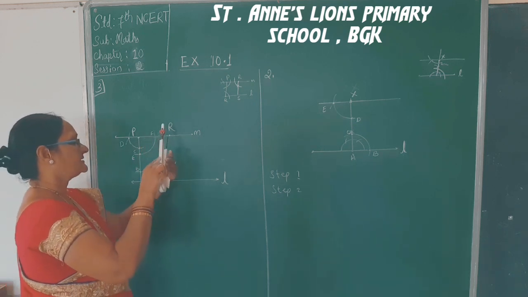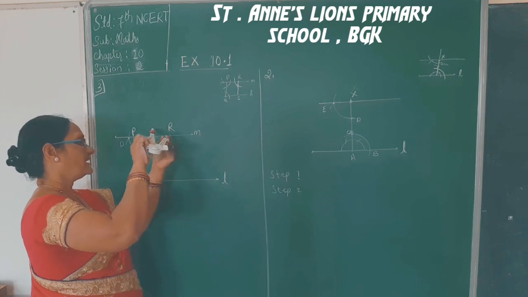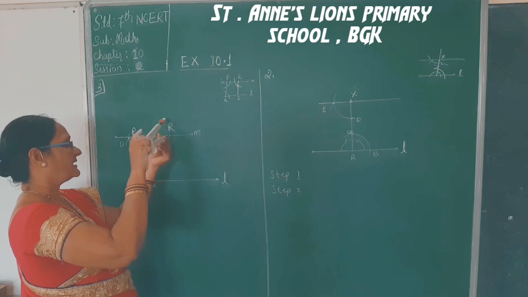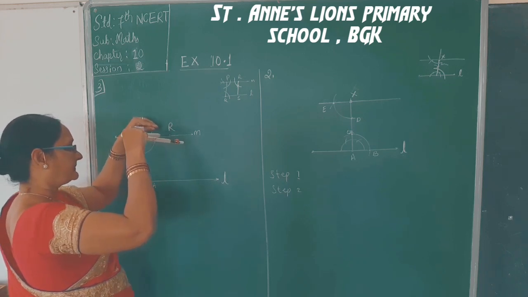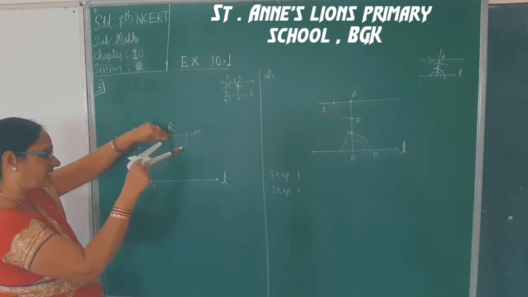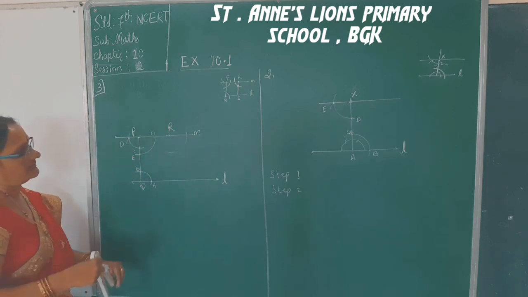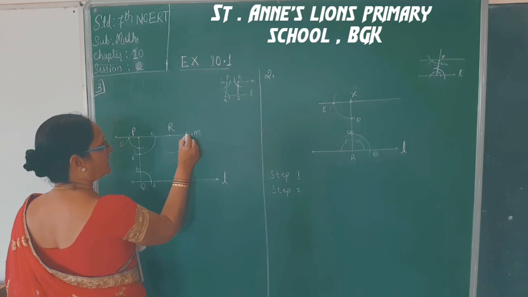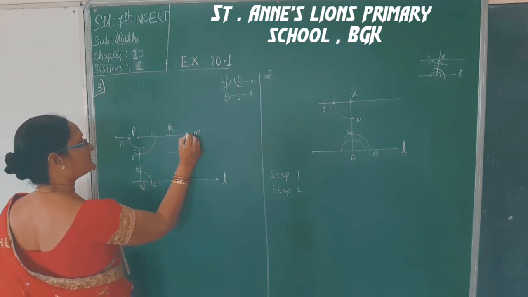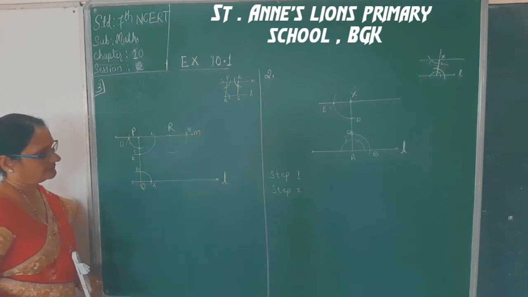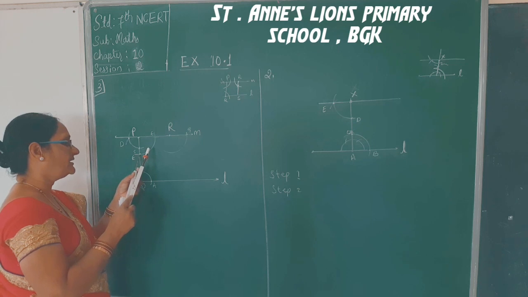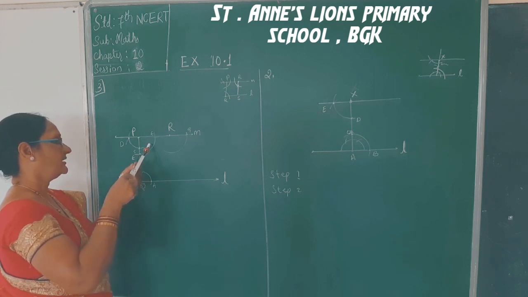Now R as the center, draw with the same radius an arc. Now it has to cut M at the point G. Now you just measure the arc EF.